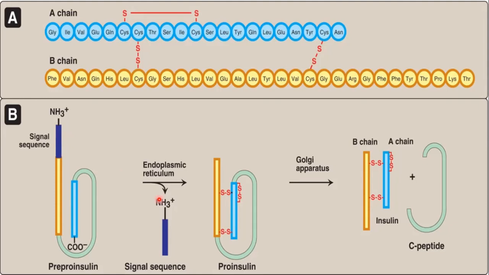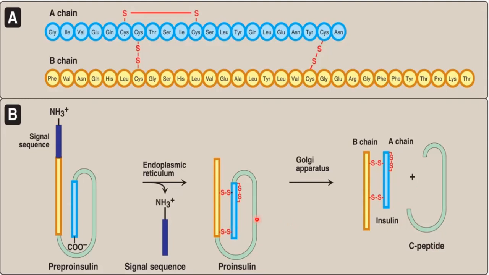Then in the endoplasmic reticulum, the signal sequence is cleaved, and what we form is insulin plus the connecting peptide or the C peptide, that is now proinsulin. Then within the Golgi apparatus, the C peptide is cleaved and we form insulin and the C peptide.